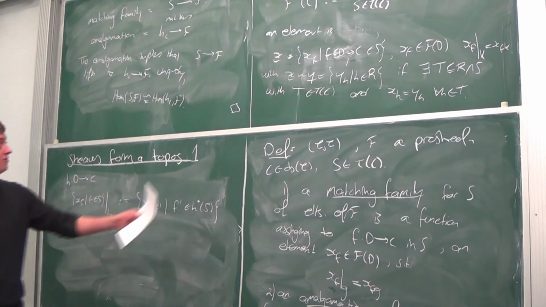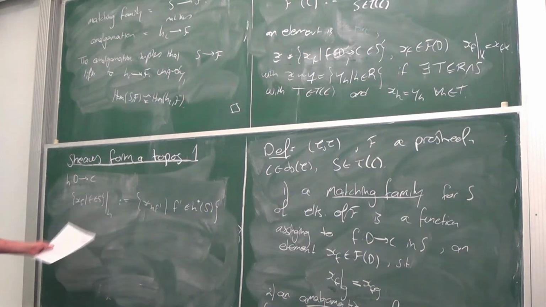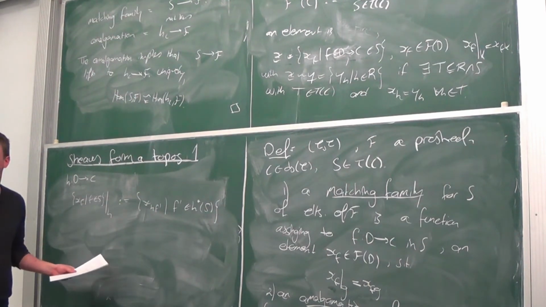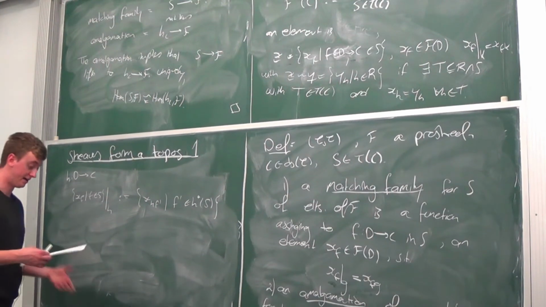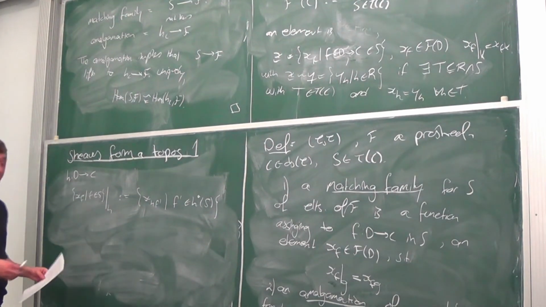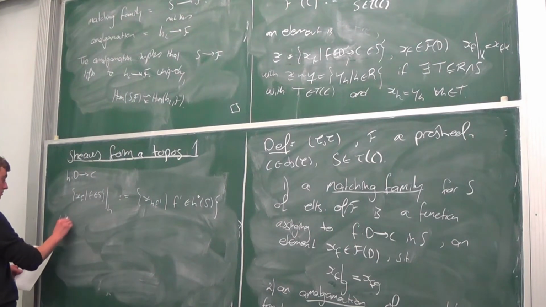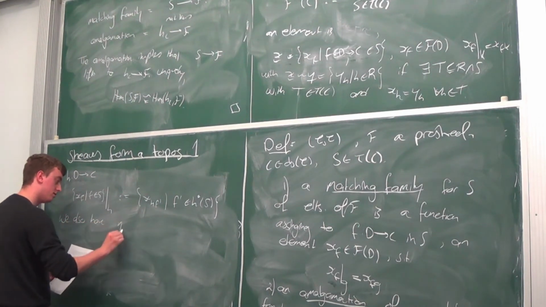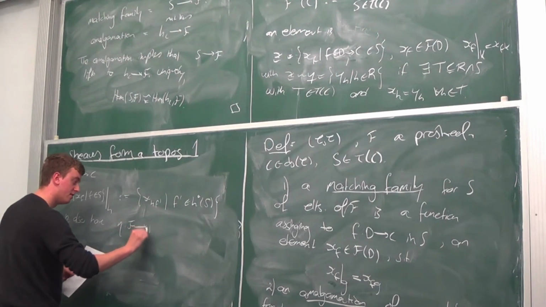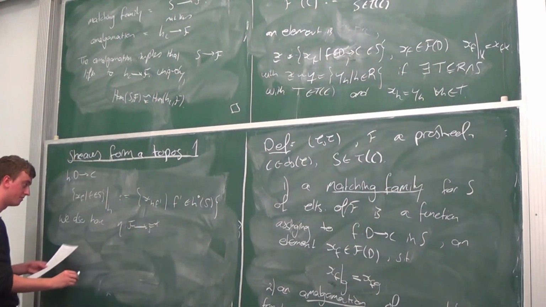So not only do we have a function on objects, but we actually have a bona fide presheaf for F plus. Not only that, but we have a canonical map from F into F plus, eta going from F to F plus. What's that going to do?